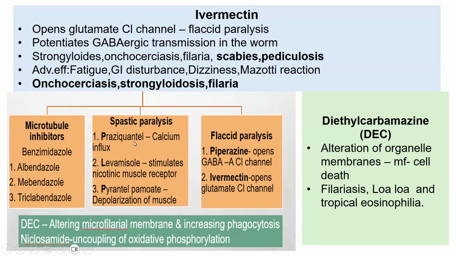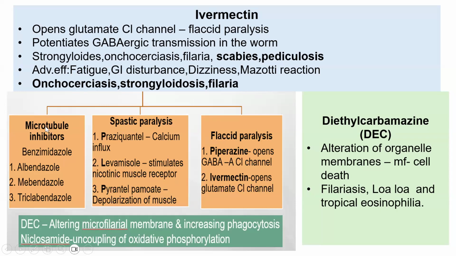Drugs which cause spastic paralysis are praziquantel by causing calcium influx, levamisole causing spastic paralysis by stimulating the nicotinic muscle receptor, and pyrantel pamoate causes depolarization. So all these drugs cause spastic paralysis, and flaccid paralysis mainly by piperazine, which opens GABA-mediated chloride channel, and ivermectin, which opens glutamate chloride channel and causes flaccid paralysis. Try to use this slide for remembering the mechanism.